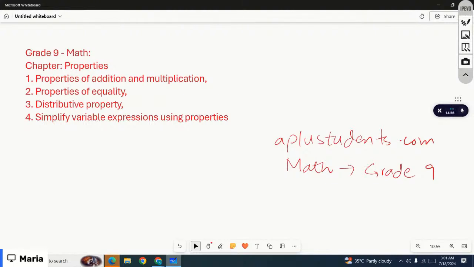Here you can find a list of the chapters. You're going to start with the chapter properties, and the lessons we're going to cover from the chapter are properties of addition and multiplication, properties of equality, distributive property, simplify variable expressions using properties.